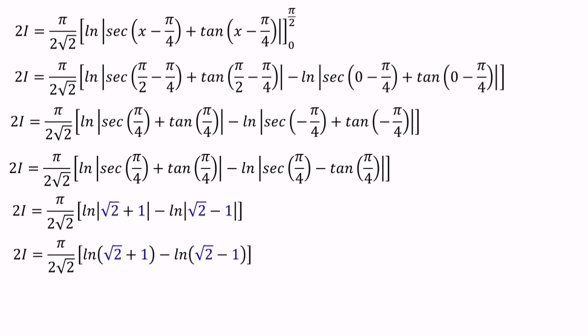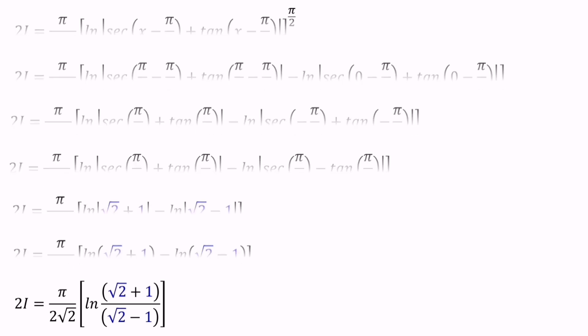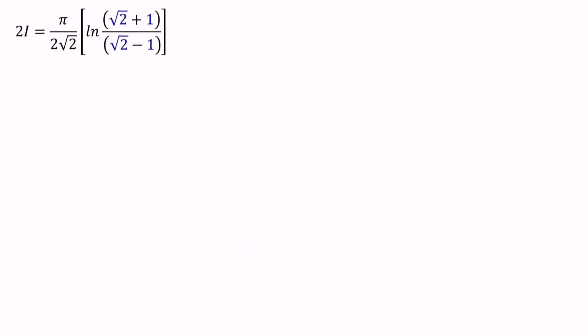ln root 2 plus 1 minus ln root 2 minus 1 we can write as ln of root 2 plus 1 over root 2 minus 1. To get a rational denominator, we can multiply both numerator and denominator by the denominator's conjugate. The denominator's conjugate equals root 2 plus 1.